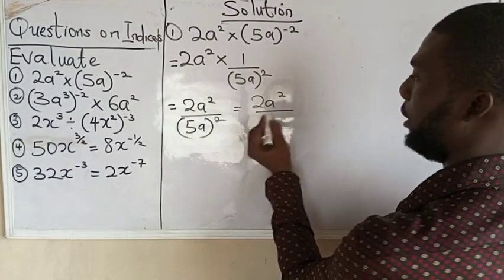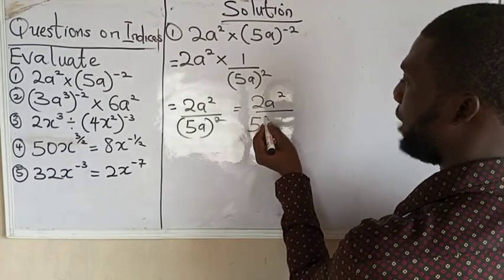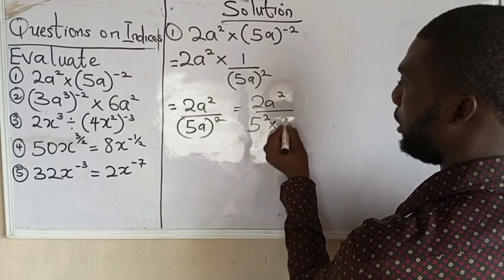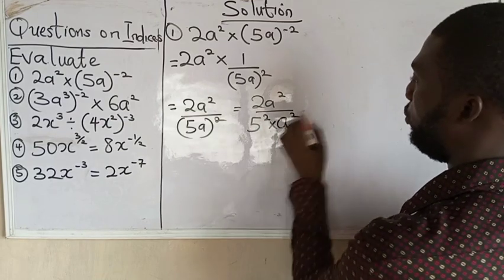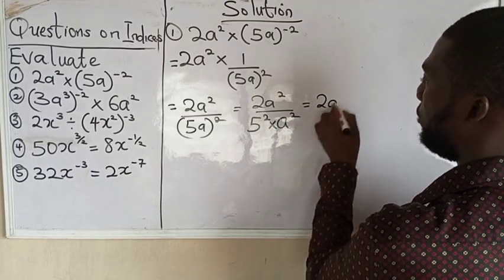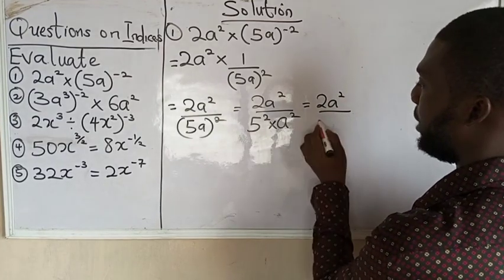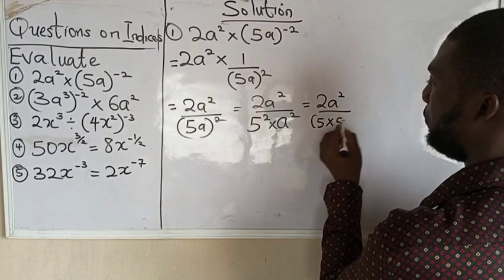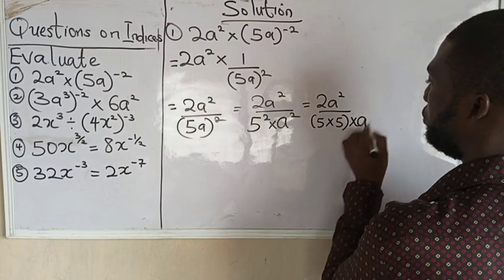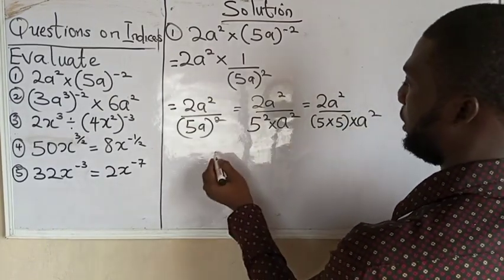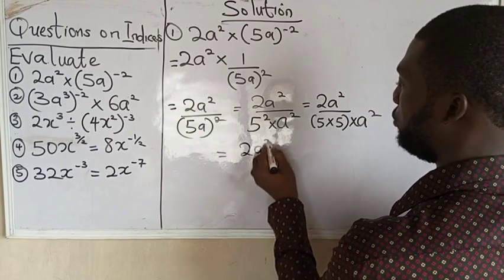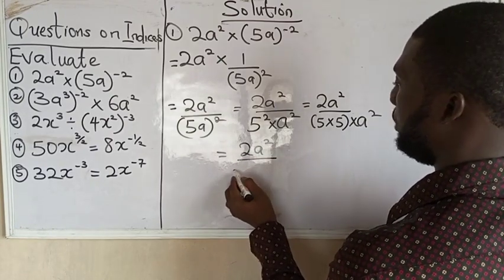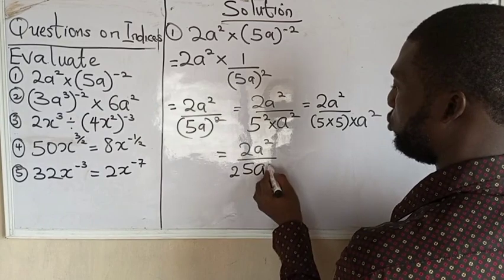So it's going to be 5^2 times a^2. So which is equal to (2a)^2 divided by, I know that 5 squared means 5 times 5, times a^2. So automatically I can say this is (2a)^2 divided by 25a^2.